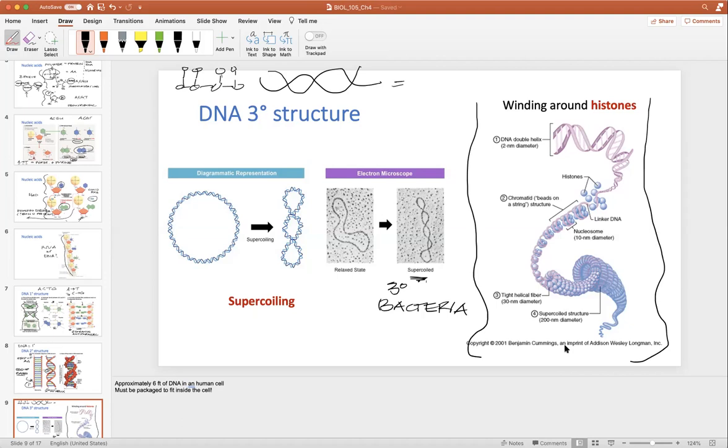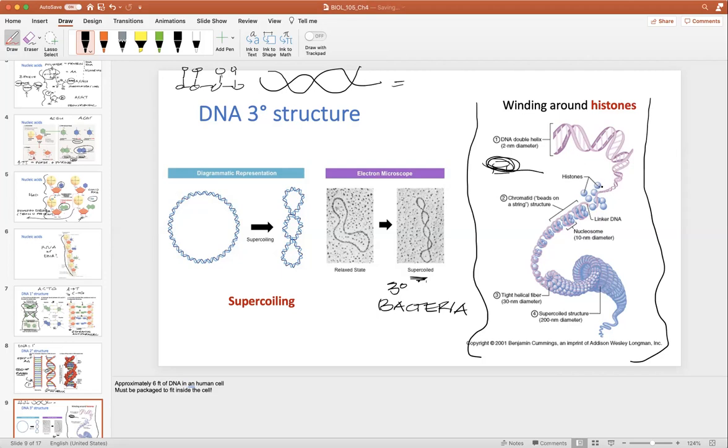So in order to organize it and wrap it all up so that it fits inside your nucleus, the tertiary structure of DNA in eukaryotes is that it is wound around other proteins called histones, the same way that you would use a spool to wind thread around. If you were winding thread around a spool, that's exactly how these histone proteins organize DNA.